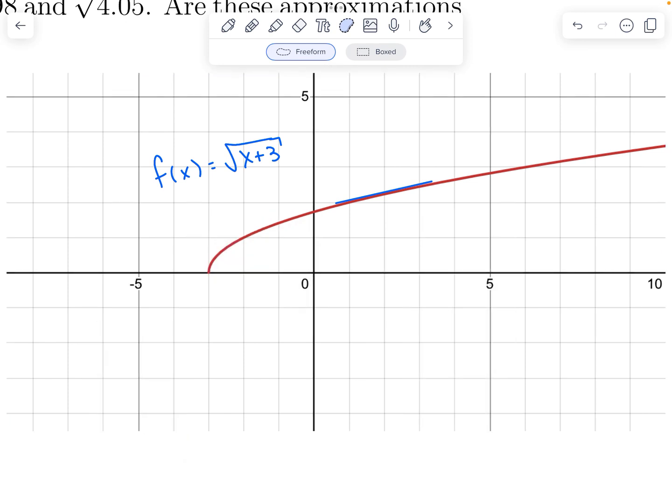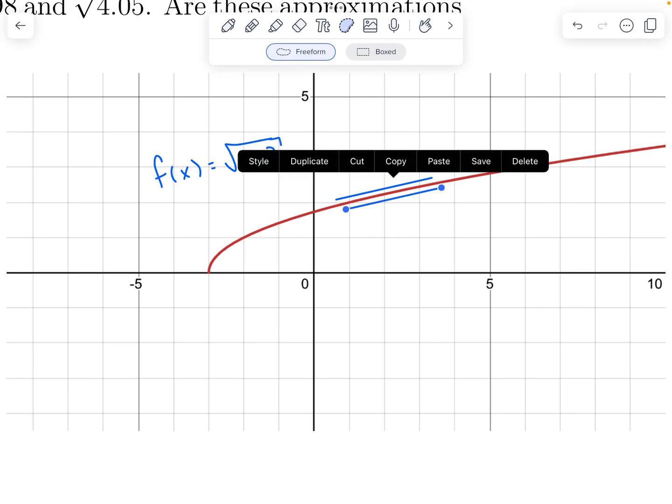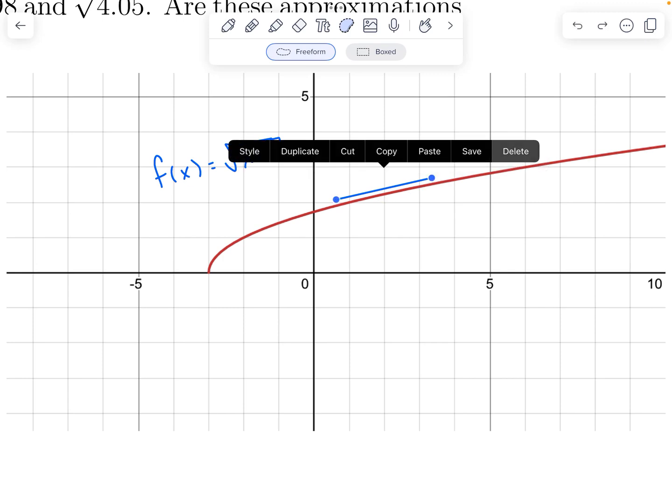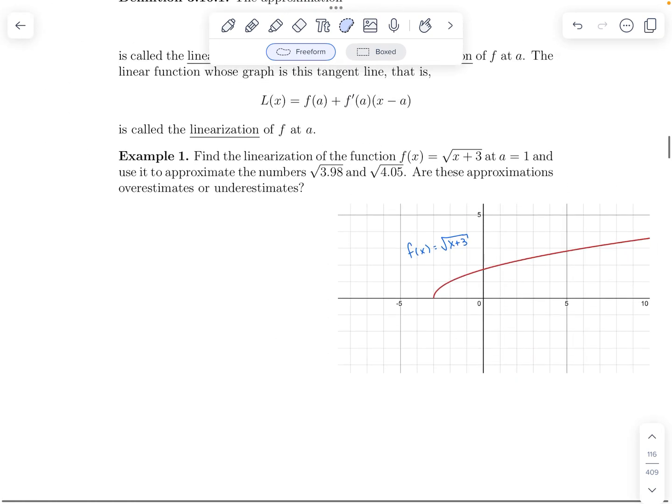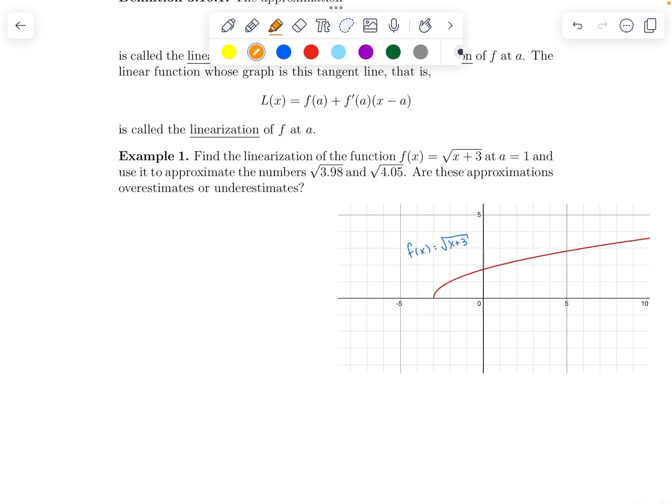So let me delete that. Nope, that's not what I wanted. There we go. And I want to find the linearization at a equals 1. So I'm finding a tangent line at a equals 1. Our linearization formula is right here.